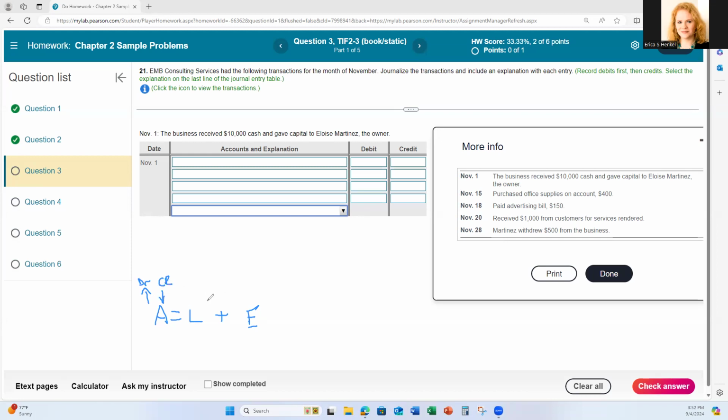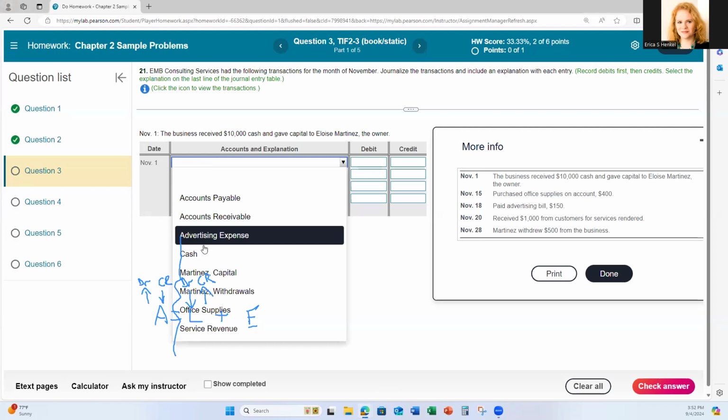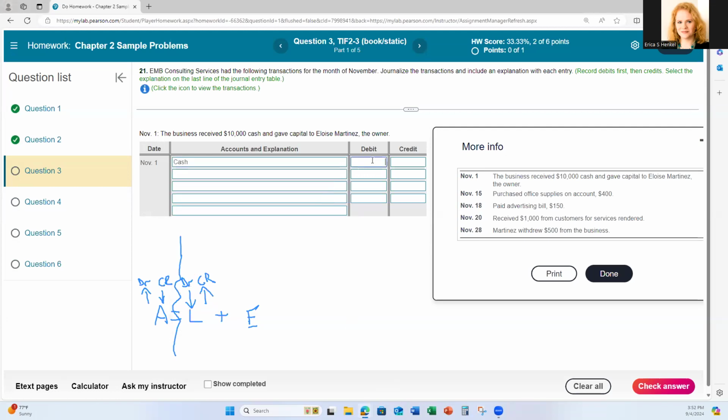And liabilities and equity increase by crediting on the right, and they decrease by debiting on the left. So exactly the opposite of what is going on the other side, all right? So remembering that, if we are receiving cash, we are increasing our cash, which is an asset, so we will debit our cash. And that's going to be for the $10,000.